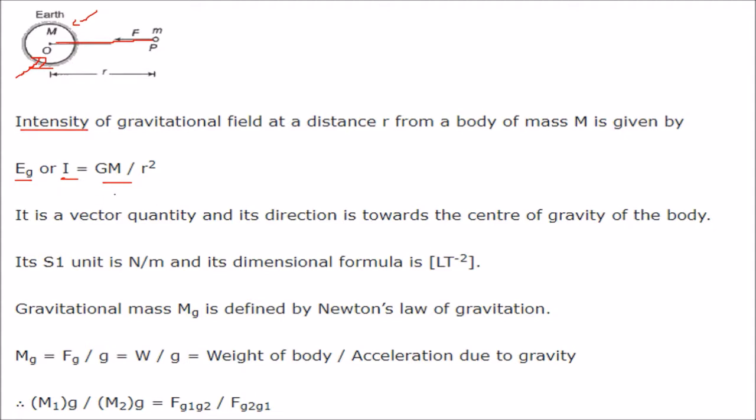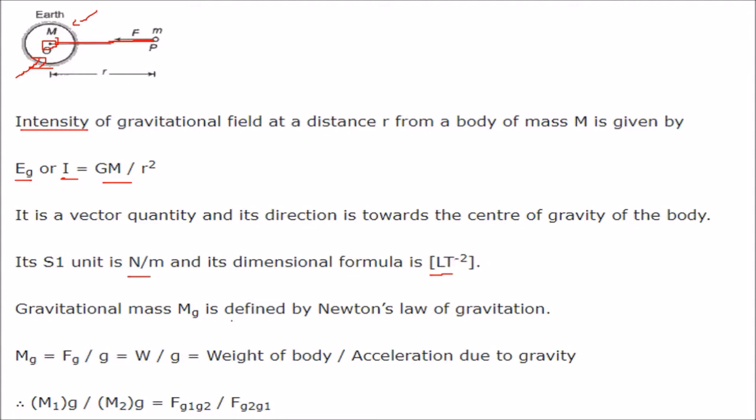This is a vector quantity and the direction is towards the center of gravity of the body. The SI unit is newton per kg and the dimensional formula is L T to the power minus 2.